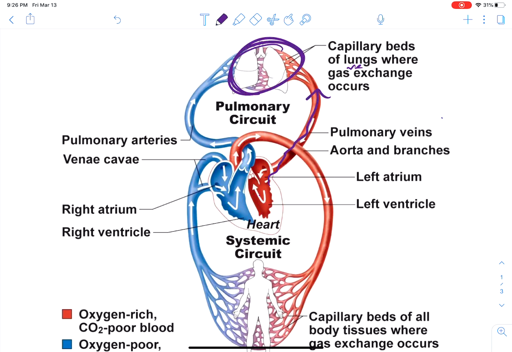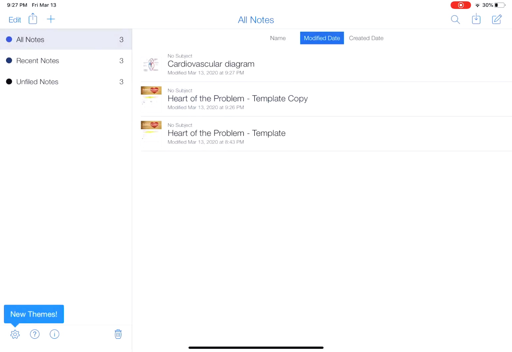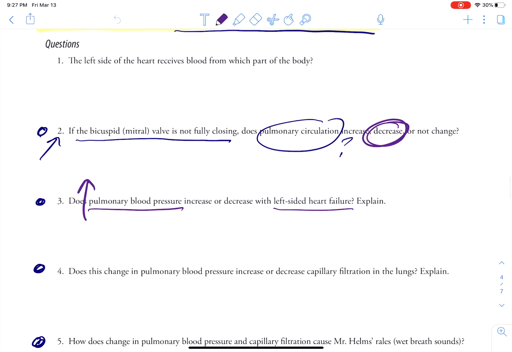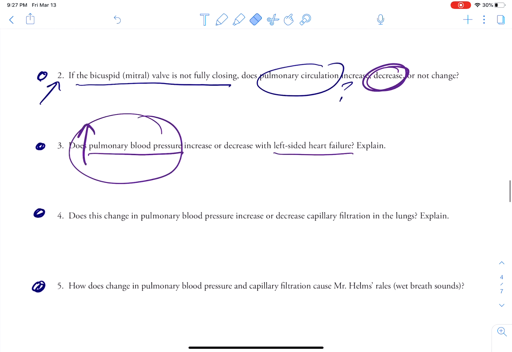So now there's more blood in the pulmonary circulation and the pulmonary capillaries. So you increase blood pressure of the pulmonary circulation. Okay, we're increasing pulmonary blood pressure.